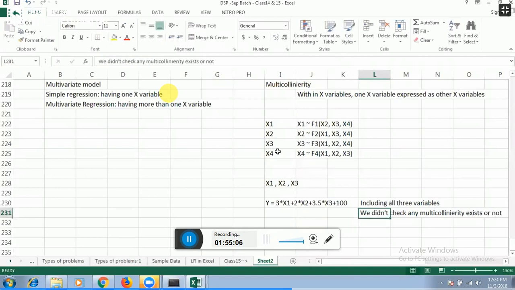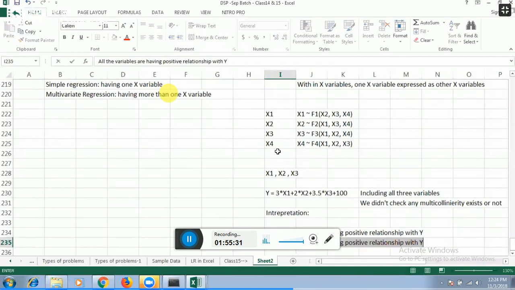Correct? Suppose in this case, what does this mean? All three variables have a positive relationship. What is the interpretation of this model? The interpretation is that all the variables have a positive relationship with y, and all the variables are significant.